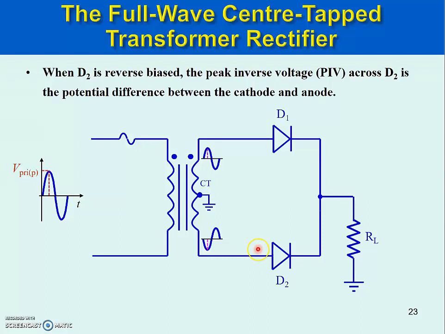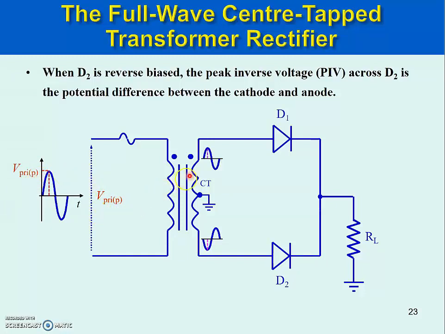And D2 will have its peak inverse voltage across it when the voltage across the primary coil of the transformer is at its maximum value. That is this one, maximum value.